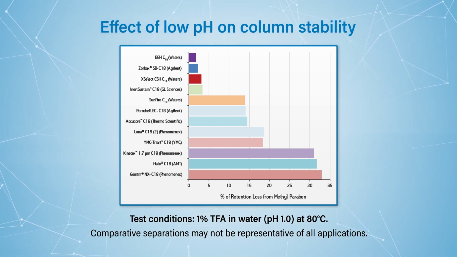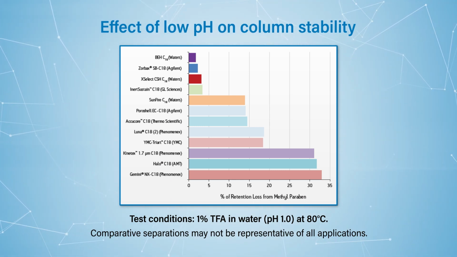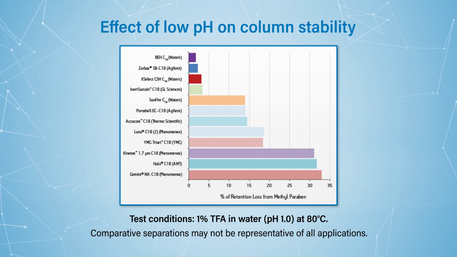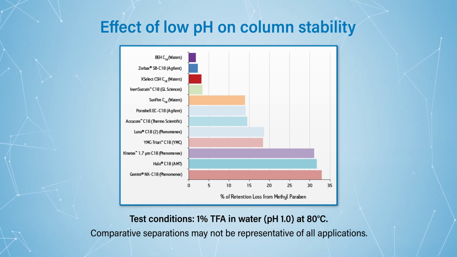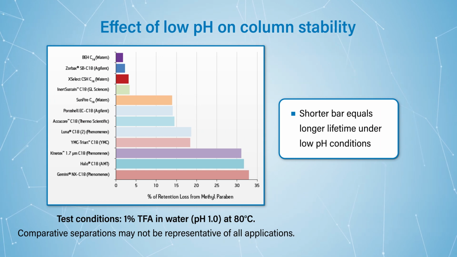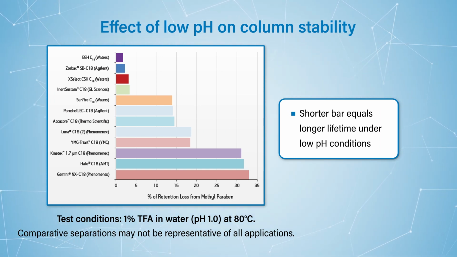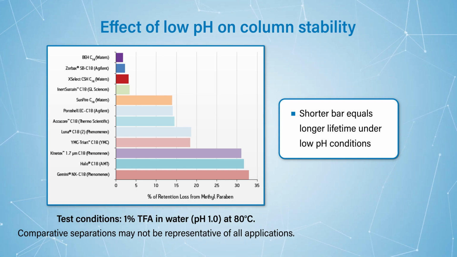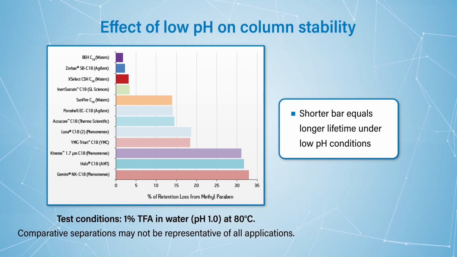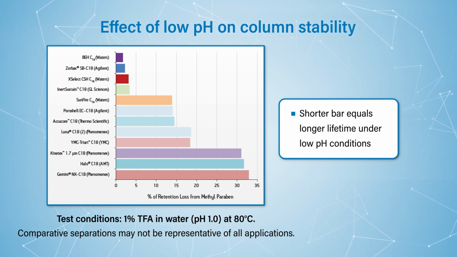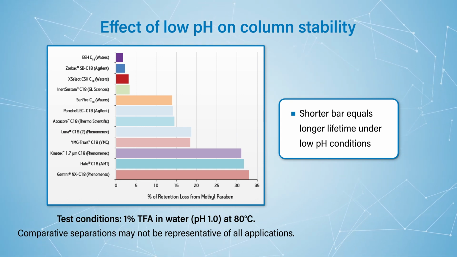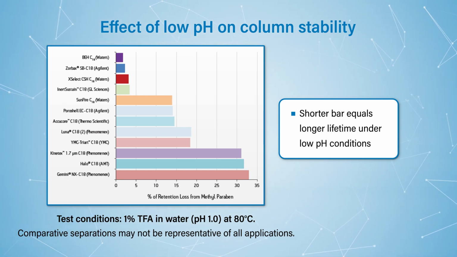We can see how stable those stationary phases are at low pH by the length of the bar graph shown here. The shorter the bar, the more stable they are at low pH. You can see, for example, BEH-C18, which we tout as having excellent stability at high pH, also has excellent stability at low pH. And that's due to the trifunctional bonding, where we now have three attachment points down to the surface.